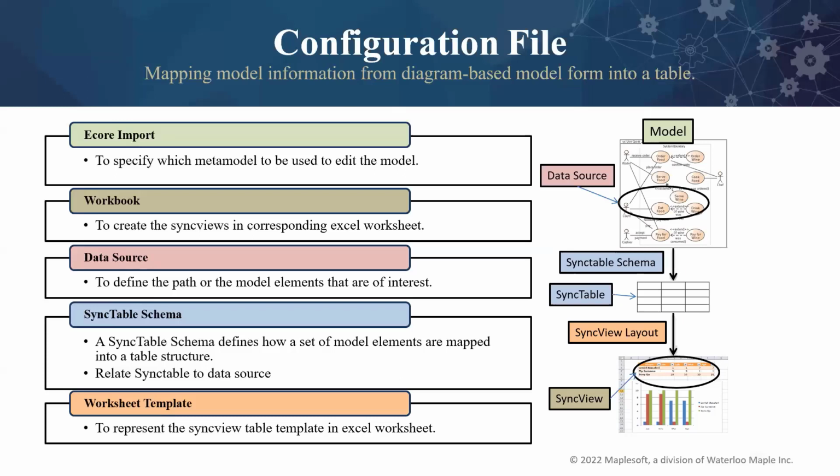The module workbook and the worksheet template. These two modules give you control over how you want the views to be in your Excel interface. Like you can say, this is how I want the worksheet to be named. This is where I want the table to display. The view of the table, like if you want it to be a vertical table or a horizontal one, or a matrix view. This information goes into the worksheet template.